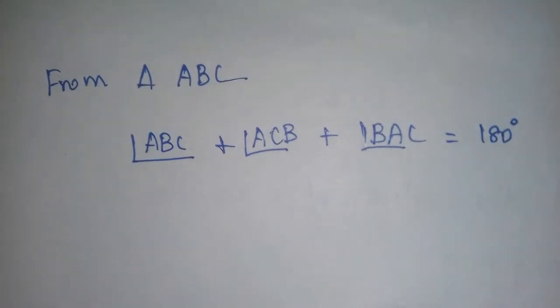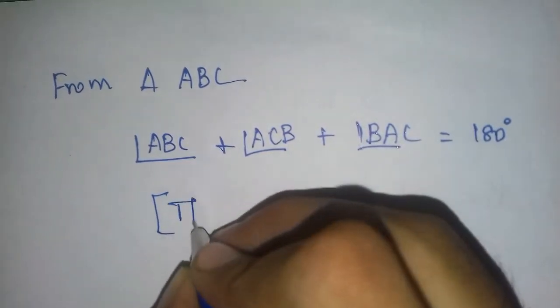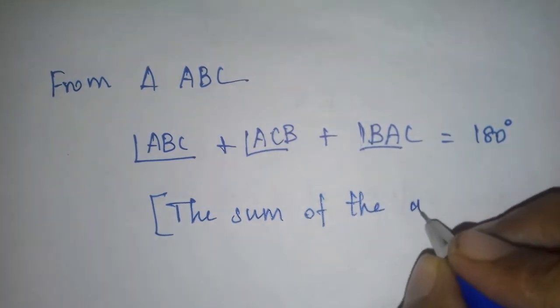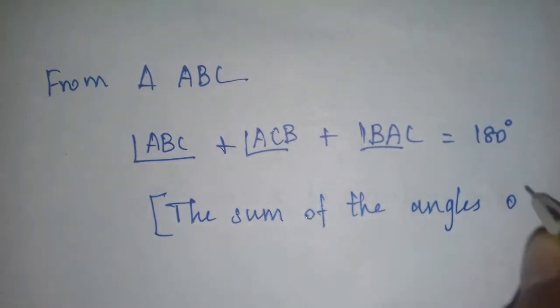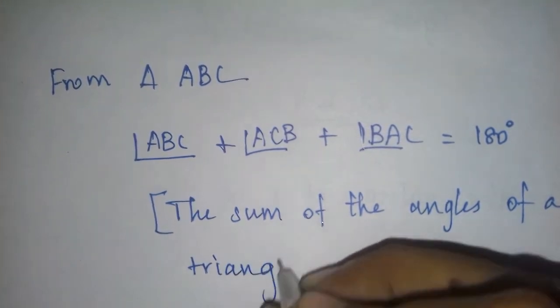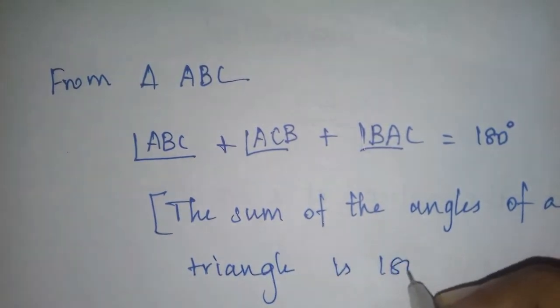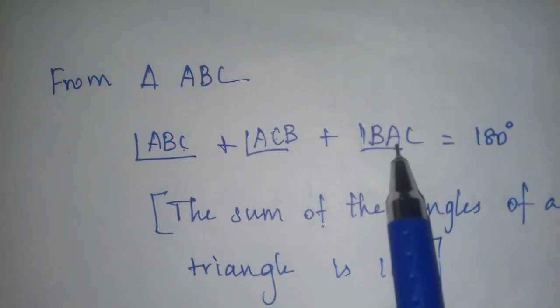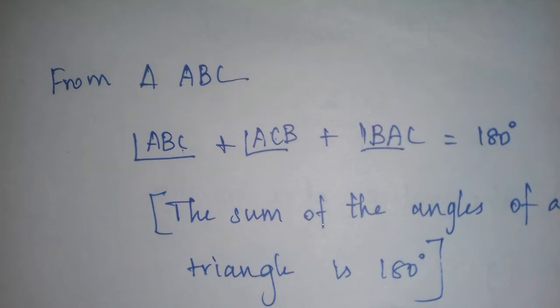Okay. How will we say this? The sum of the angles of a triangle is 180 degree. By that we are adding all the three angles. We will get it as 180 degree.